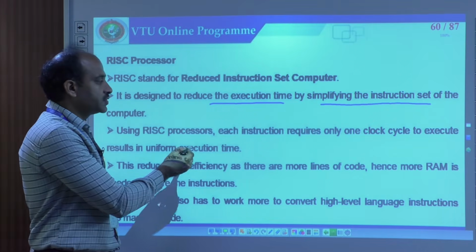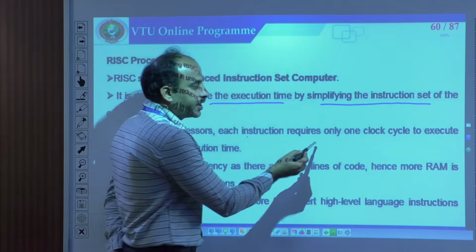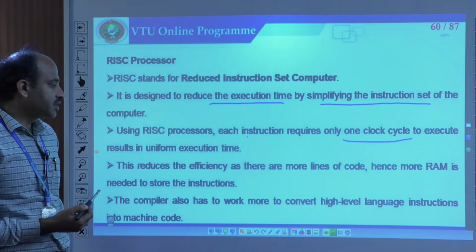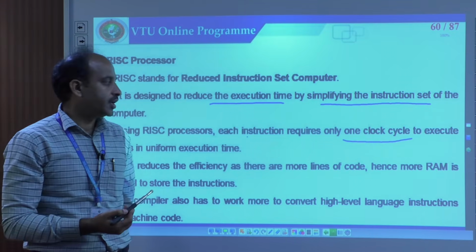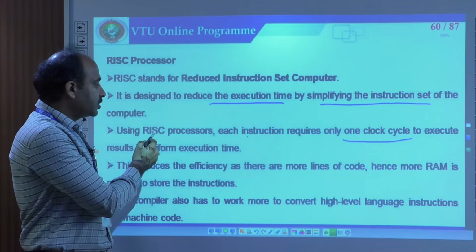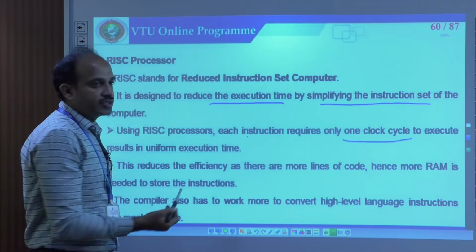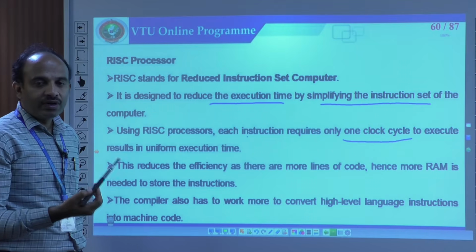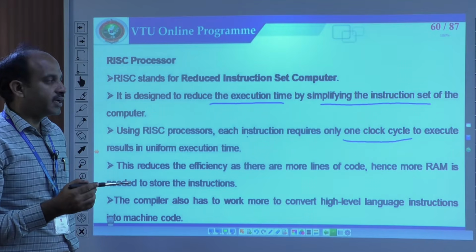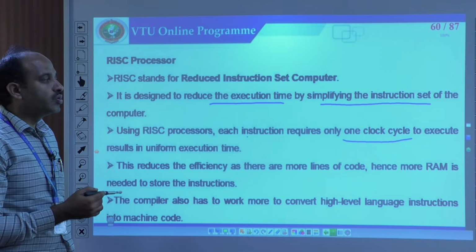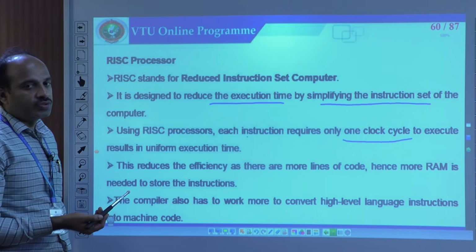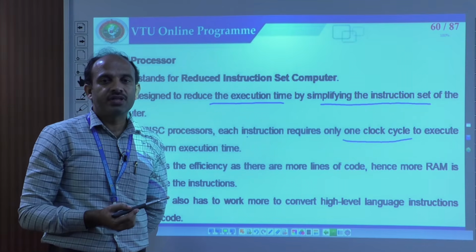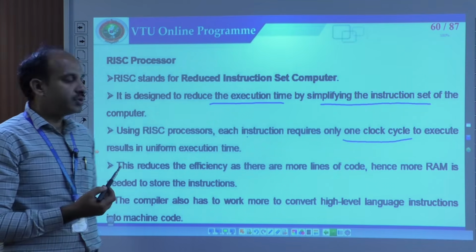Using RISC processors, each instruction requires only one clock cycle to execute, which results in uniform execution time. Try to understand: you take any number of instructions, but every instruction will require one clock cycle to execute, so there is a common execution time.